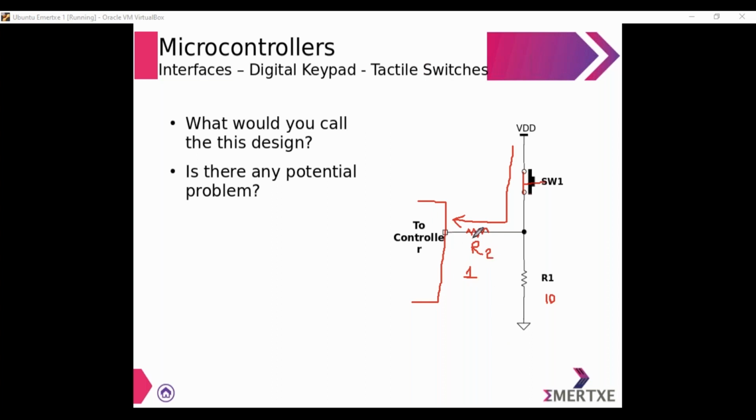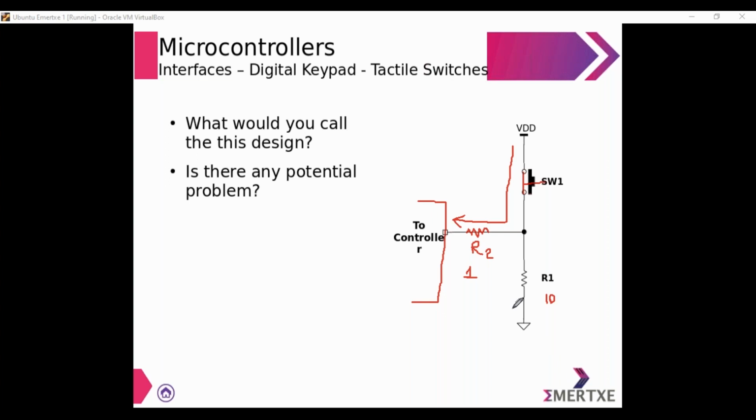So you have to add a resistor that is kept as low as possible compared to R1, at least 10 times lower than R1, so that current is still flowing from the VDD to the microcontroller. You always have to remember this rule: R2 has to be lesser than R1, at least 10 times lesser.